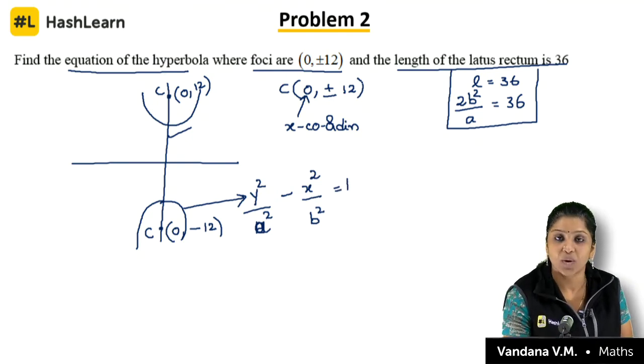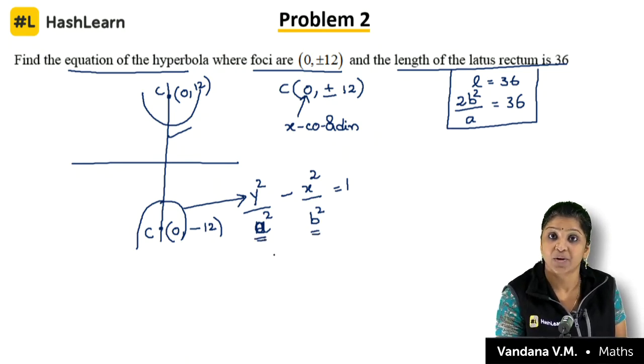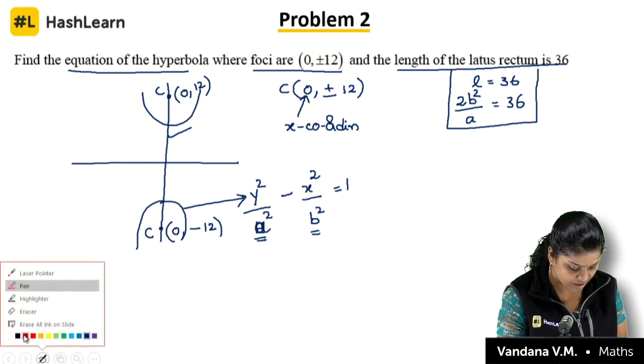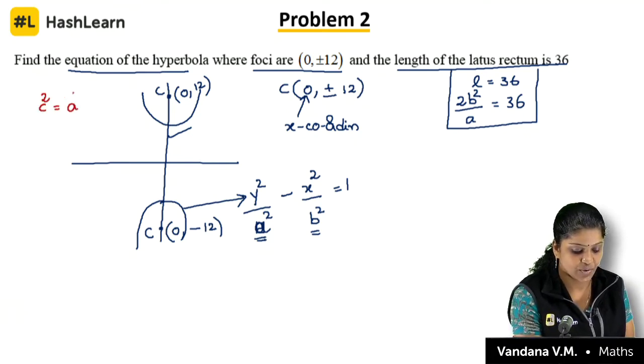So, I know only the c value. Using that, I have to find out the a and b value. I know one more information, the relationship between a, b, c. What is the relationship between a, b, c here? That is c square is equal to a square plus b square.